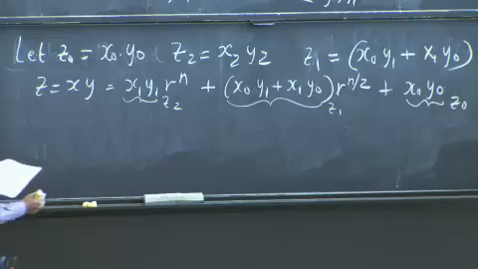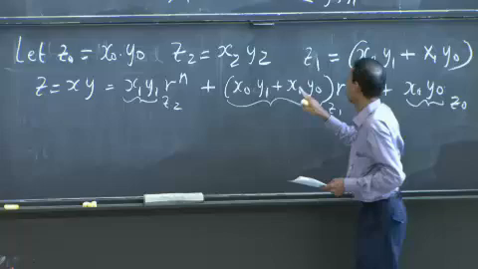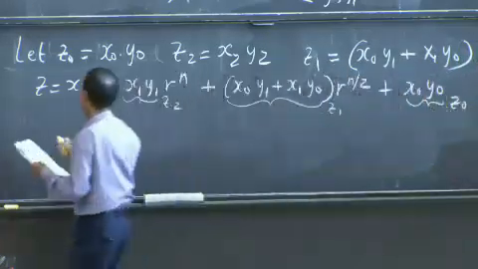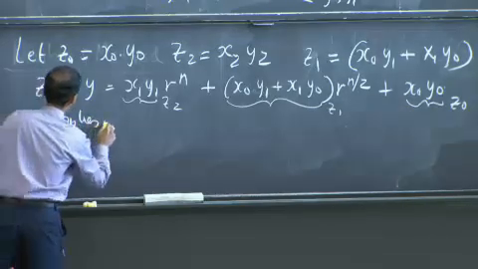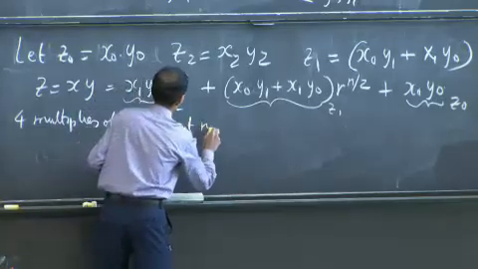And if you look at it, you need 4 multiplies, right? 1, 2, 3, 4. You need 4 multiplies of n by 2 digit numbers.